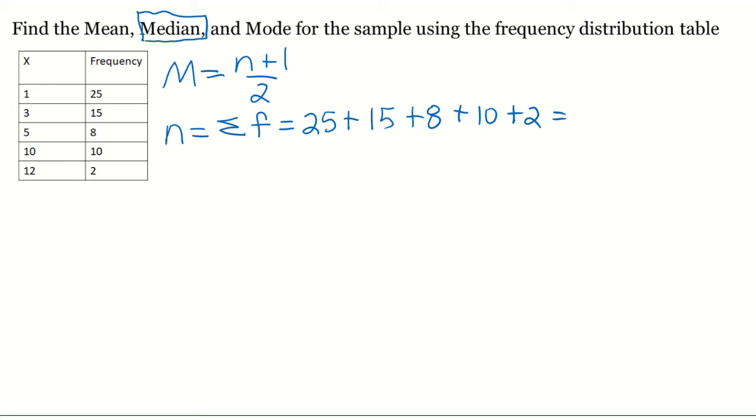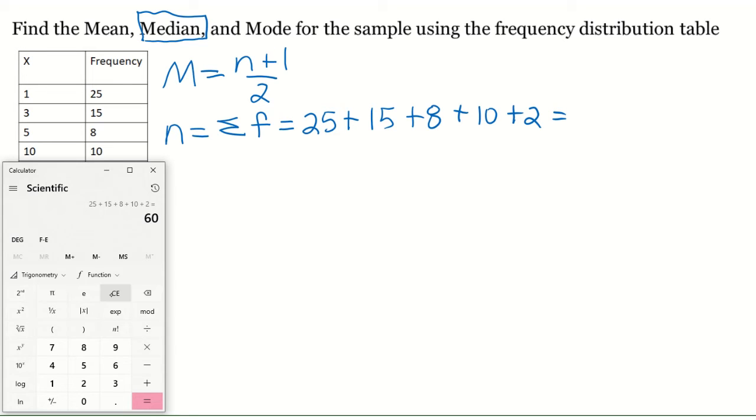So let's go ahead and put those in our calculator. That's going to be 25 plus 15 plus 8 plus 10 plus 2 equals 60.